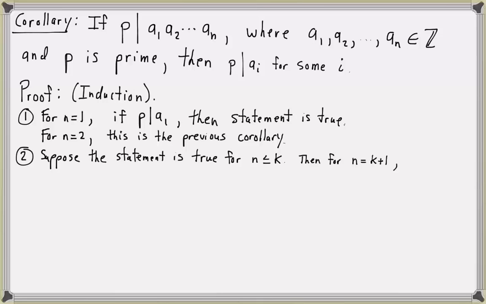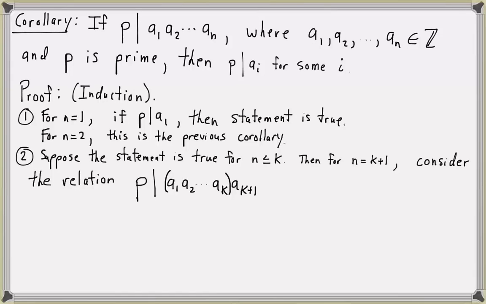Then for n equals k plus 1, consider the relation p divides the product of k plus 1 integers. So I'm going to write it as a1 times a2 times all the way up to ak times one more, ak plus 1. Well, I want to think of this as the product of two integers, a1 through ak, times ak plus 1.